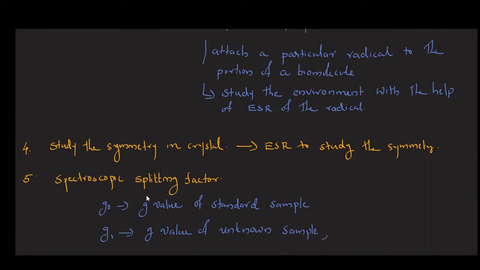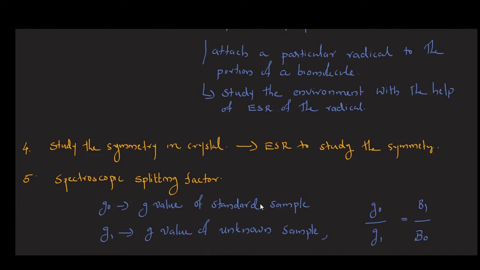Then we have G0 by G1 equal to B1 by B0, where B0 and B1 are the fields required for resonance in the two cases.